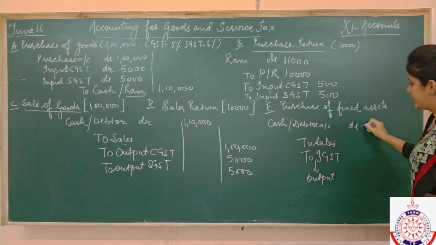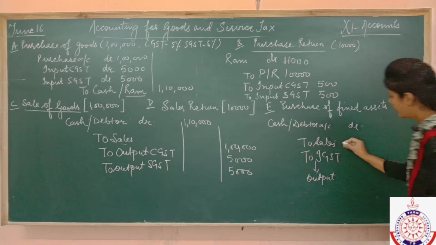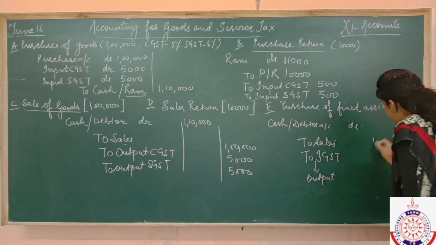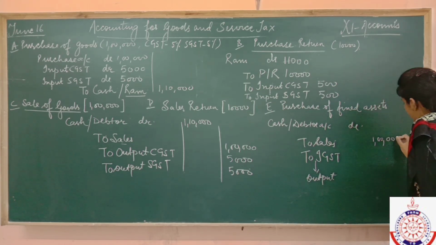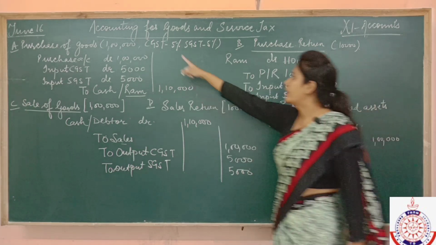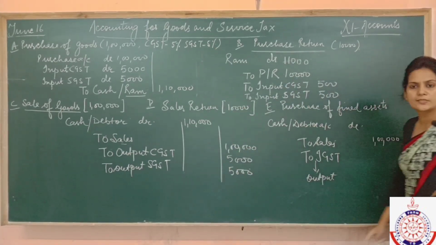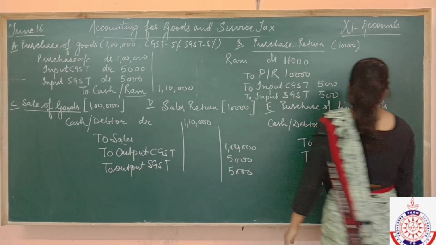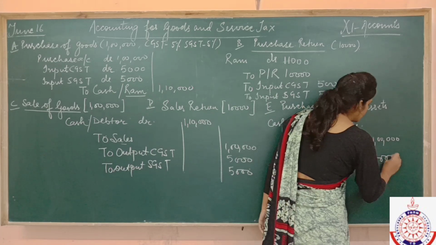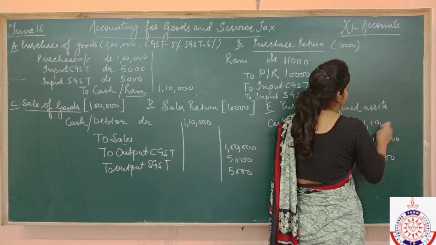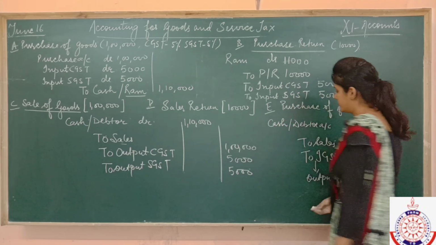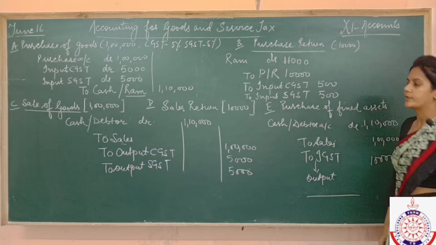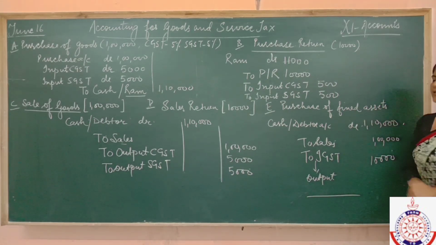So cash and debtors to sales. To this, we have sold the goods value worth rupees 1 lakh, and IGST would be 10%. So 10% of this is 10,000, it is 1,10,000. This way. I hope this point is clear.